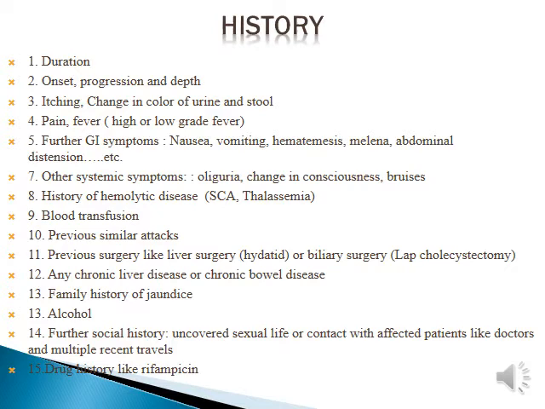Number 15, further social history, for example unprotected sexual life or contact with affected patients like doctors, and history of multiple recent travels, for example for hepatitis. Now number 16, drug history like rifampicin, and we have lots of drugs causing jaundice.